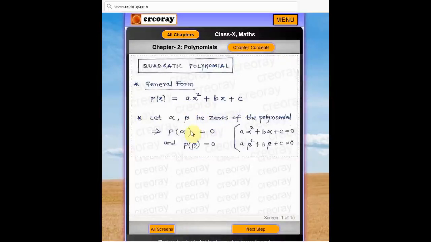So alpha and beta are the two numbers called zeros of the polynomial. See here, a alpha square plus b alpha plus c on simplification will be 0. Similarly, a beta square plus b beta plus c will be 0.